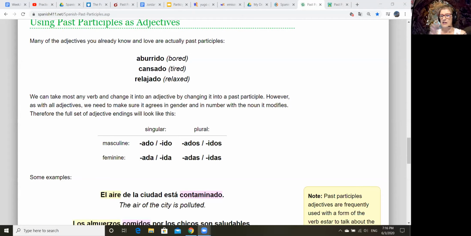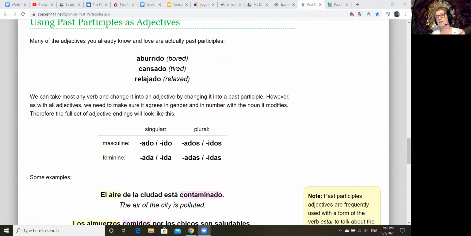I have to look at the noun, the thing or the person I'm describing, just like I do with las chicas jóvenes. Jóvenes is talking about chicas. I need to look at the word chicas to figure out what to do with joven. It becomes jóvenes, right? Young.